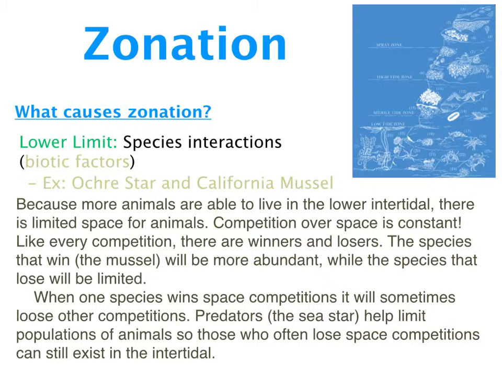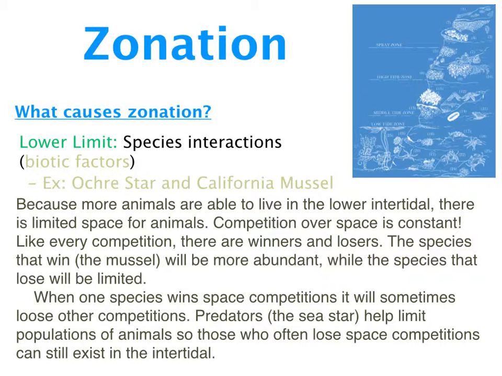The species that win, such as the mussel, will be more abundant, while the species that lose will be limited. When one species wins a space competition, it will sometimes lose other competitions. This keeps those populations in check. Predators, like the sea star, help limit populations of animals, so those who often lose space competitions can still exist in the intertidal.